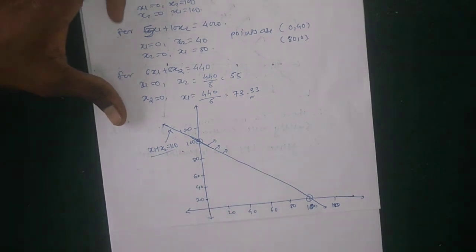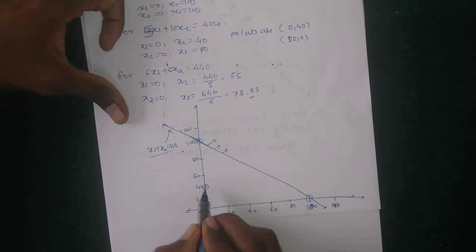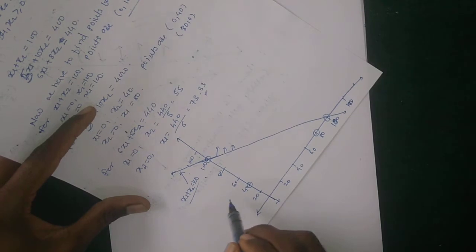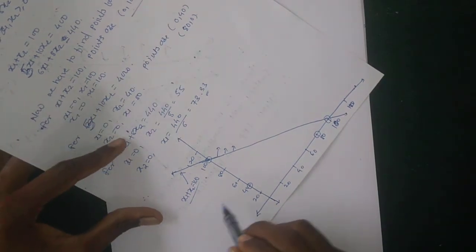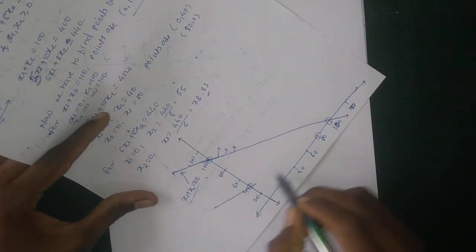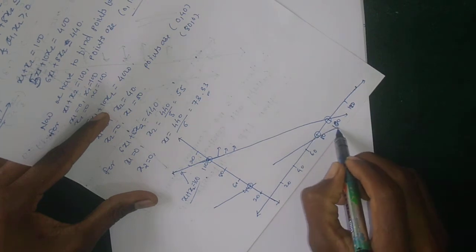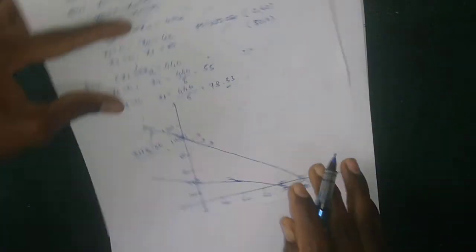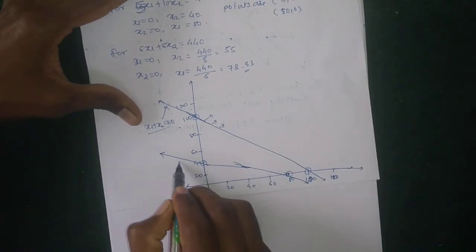The next points are (0, 40) and (80, 0). So join these two points.